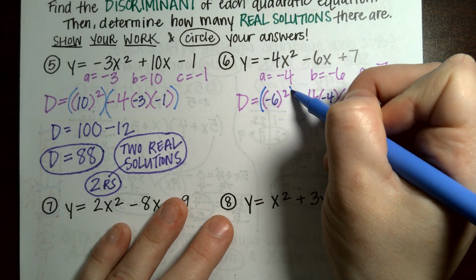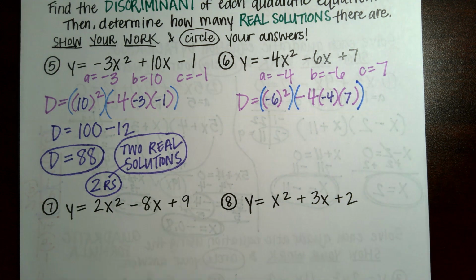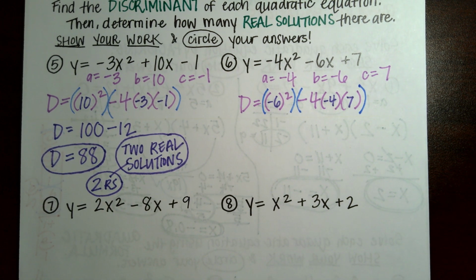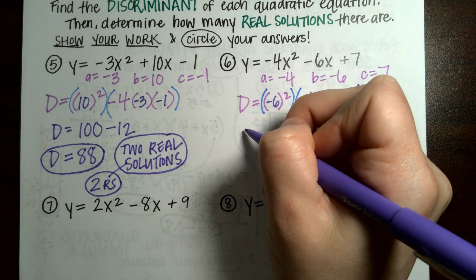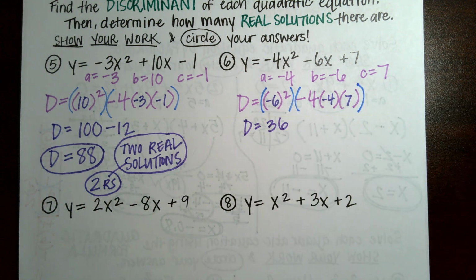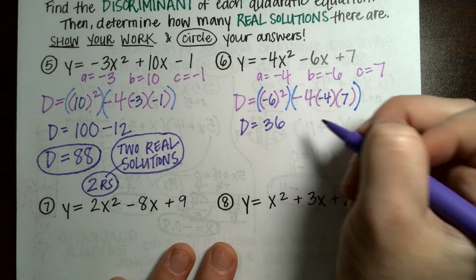So if this helps, I'm going to group these so we know what we're doing separately. And what is -6 squared? 36, positive 36. And negative 4 times 7. 112. Good.